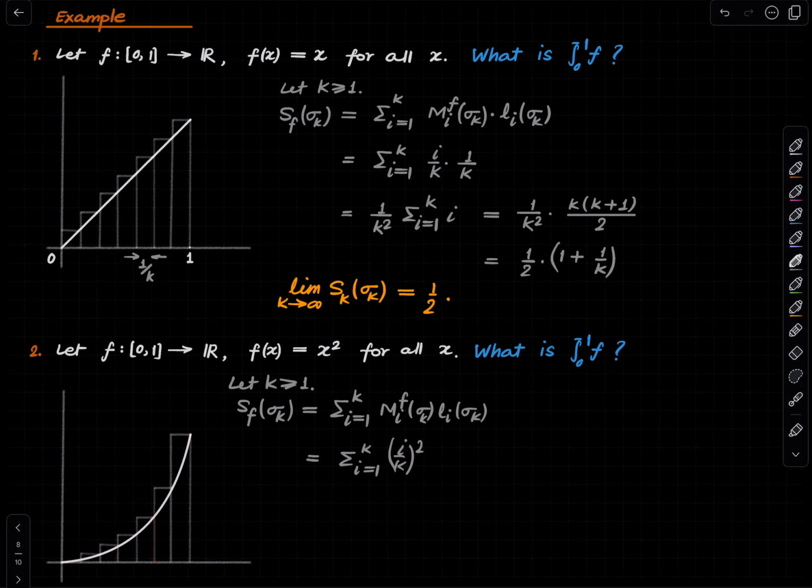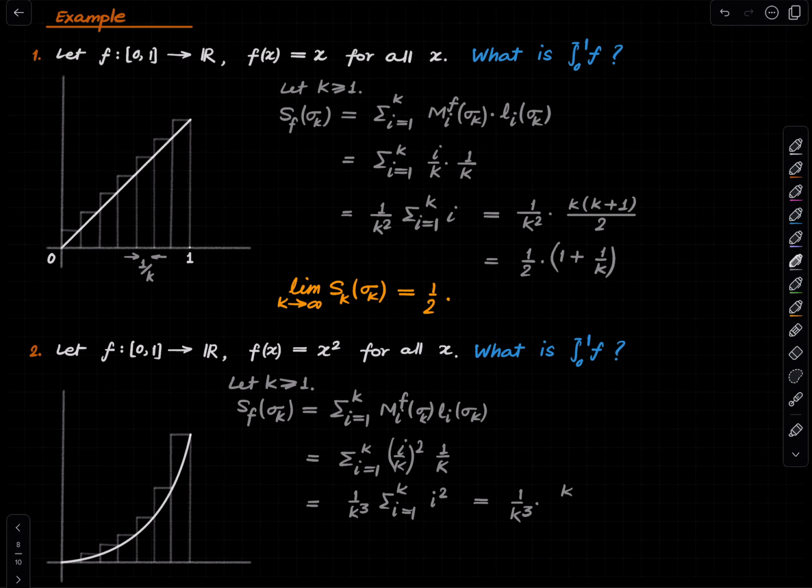And the length of each interval again is 1 upon k. And we get, this is 1 upon k cube, times the sum up to k of this quantity i square, which again we know hopefully from our high school.